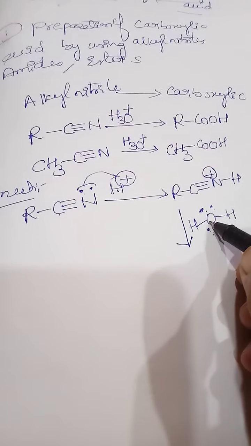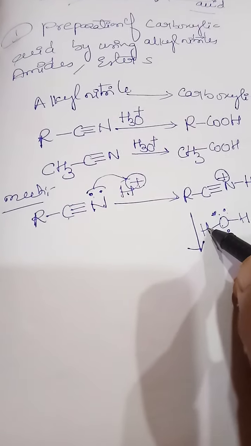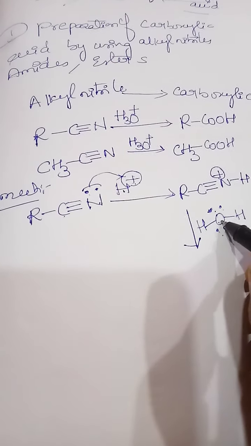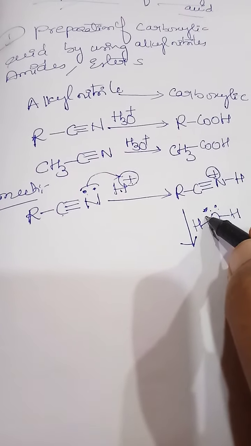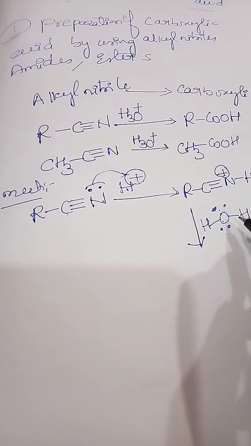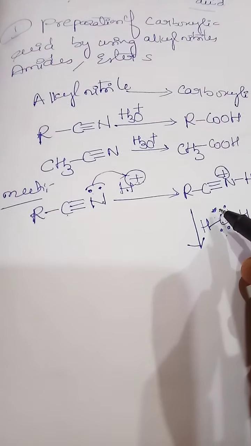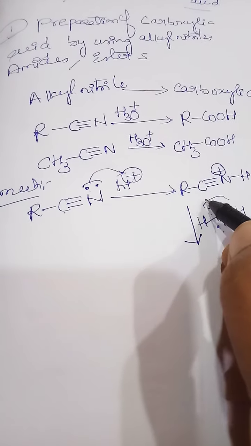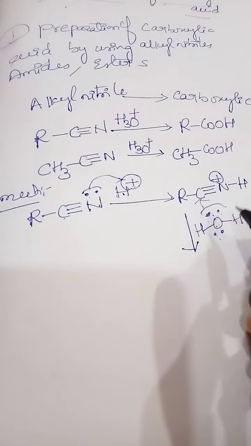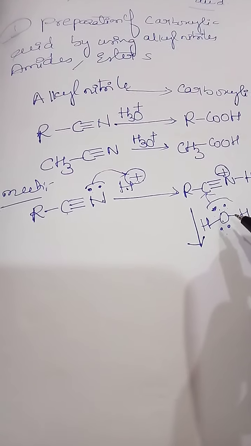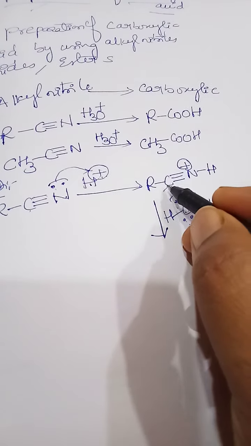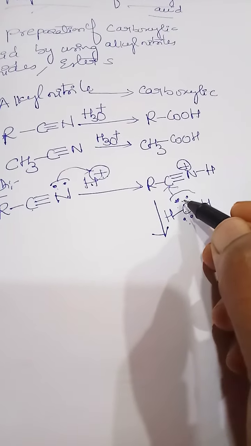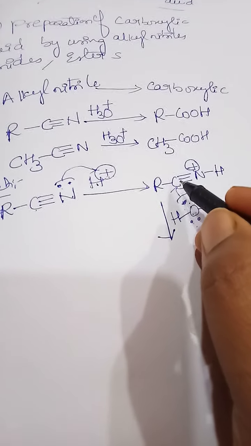I'm going to repeat once again. Here you can see the hydrogen and oxygen, and on the oxygen you can see the lone pair of electrons are there. Because of this it is acting as a nucleophile and this will attack this carbon. Then you will definitely ask me the question, why madam, is this lone pair of electrons attacking this carbon?